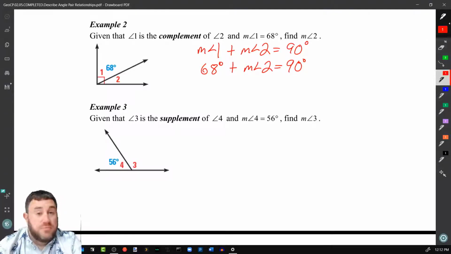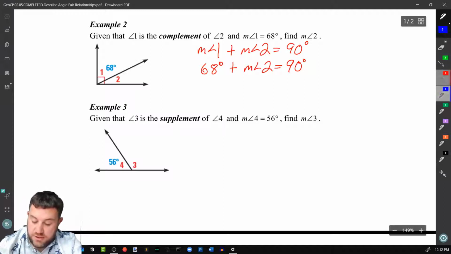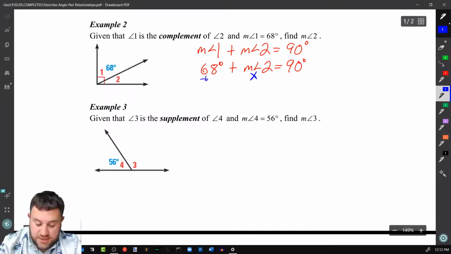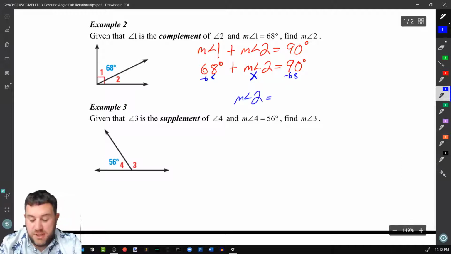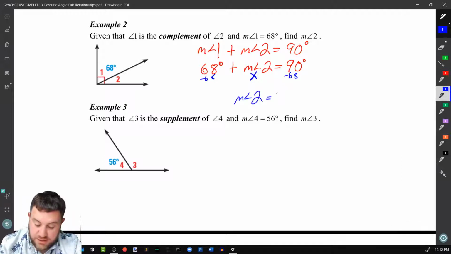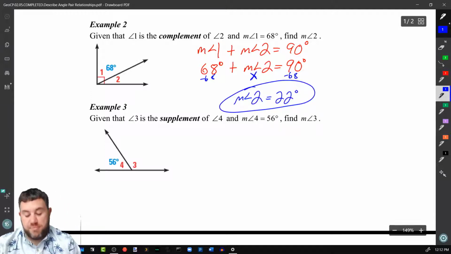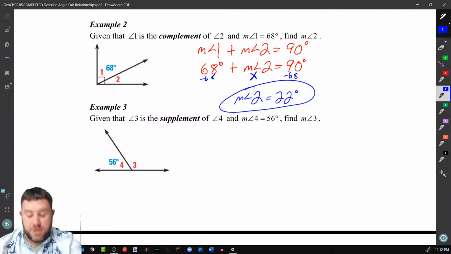And so just as though we had an x there, we're solving an equation. So just pretend like this is an x. If we had 68 plus x, we'd subtract 68 from both sides. So we'd get x equals, but we'll write measure of angle 2 equals, and 90 minus 68 is 22 degrees. And because we're talking about the measure of an angle, we do put that degree mark on there.